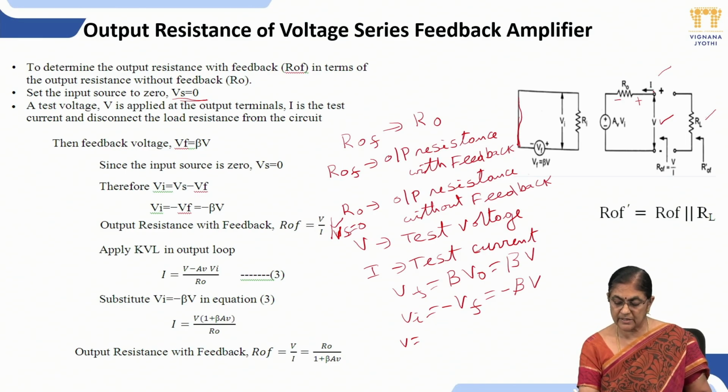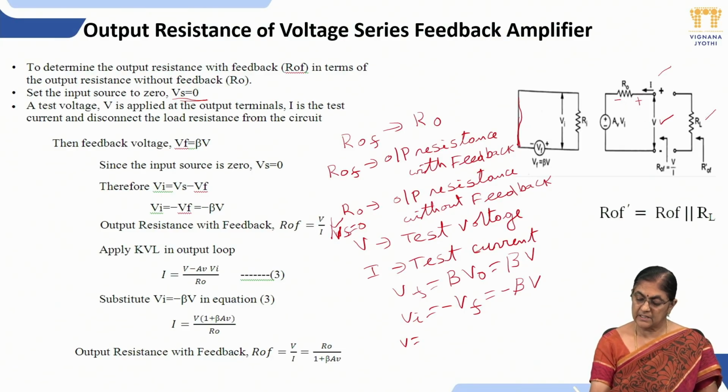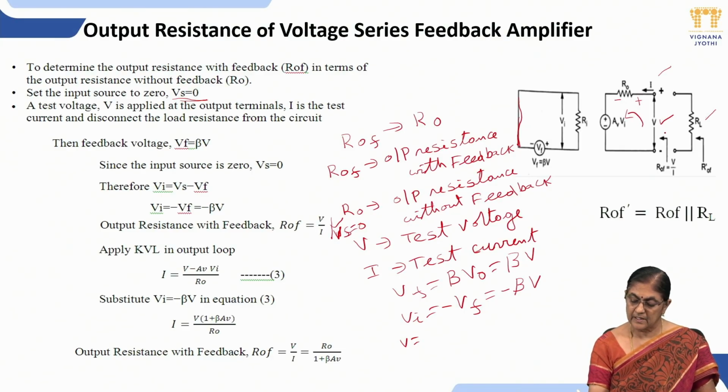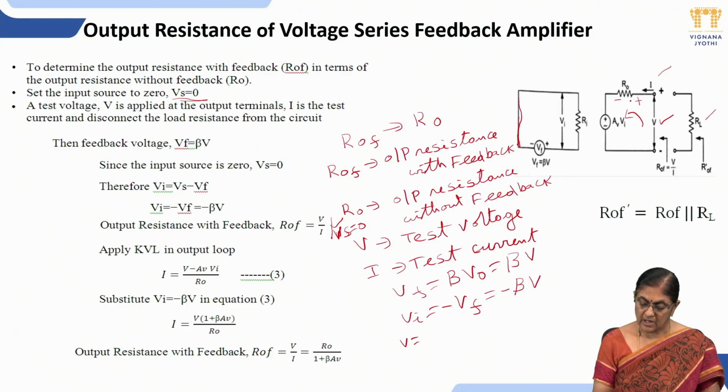Current flowing through R0 is I, the voltage drop across R0 is I into R0, and the magnitude of this voltage source is AV into Vi. So by applying KVL in the anti-clockwise direction, you will get V is equal to I into R0 plus AV into Vi.